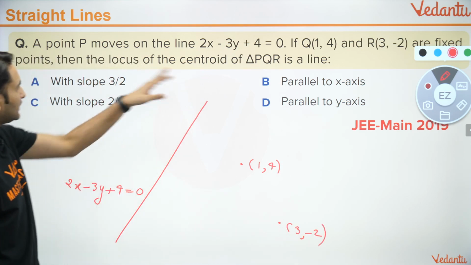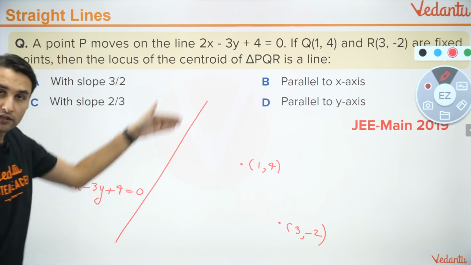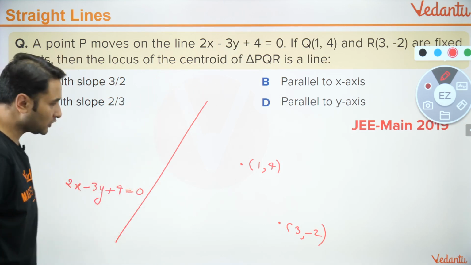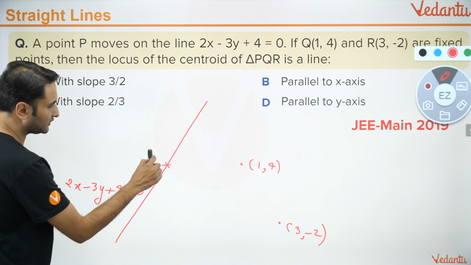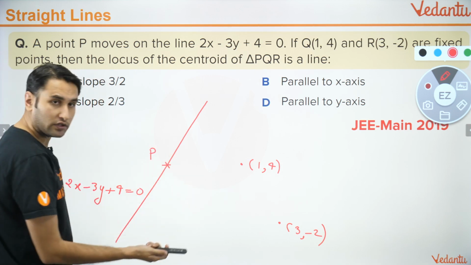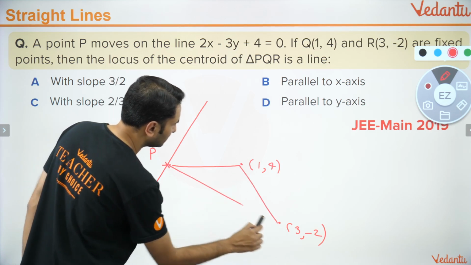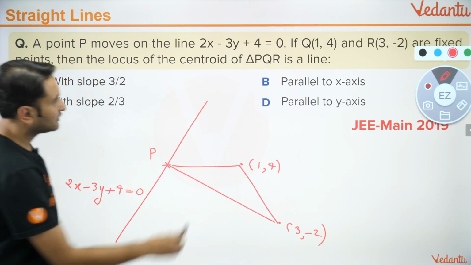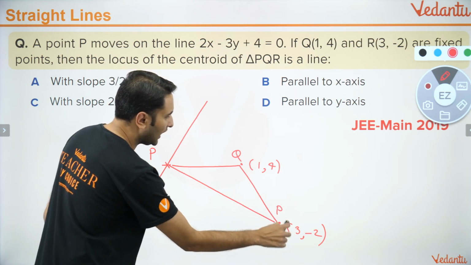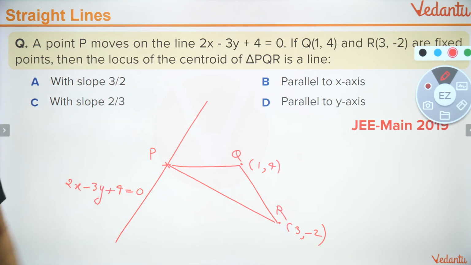Right? And there is a point P which moves on this line. So P is a variable point which keeps moving on the line. तो चलो मान लो P कोई ले लेते हैं. This is P. And what do you want? You want that this triangle, this is P, Q, R, you want the centroid का locus.